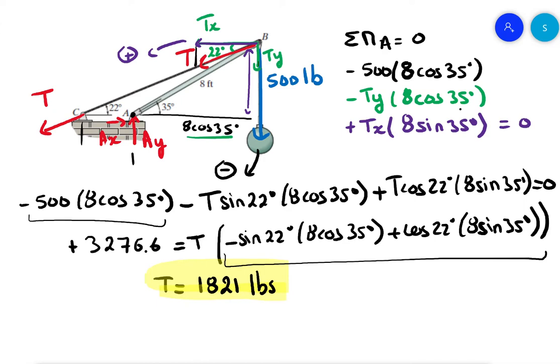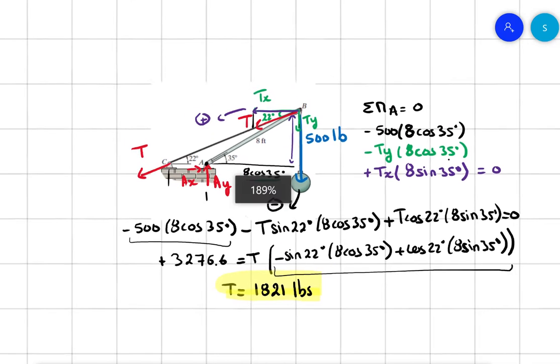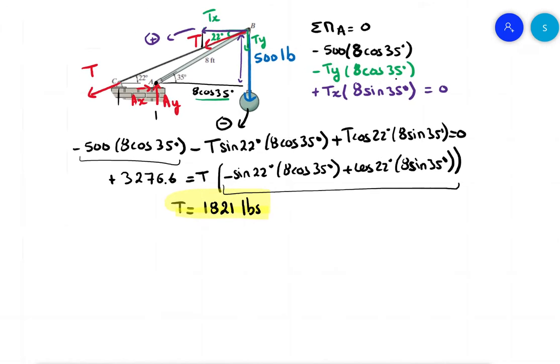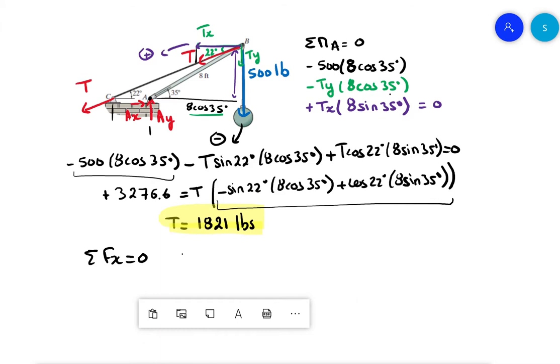If you want to find AX, we do sum of the forces on x equals 0, and what we have is AX, which we don't know, minus T, the component on x, T cosine 22.